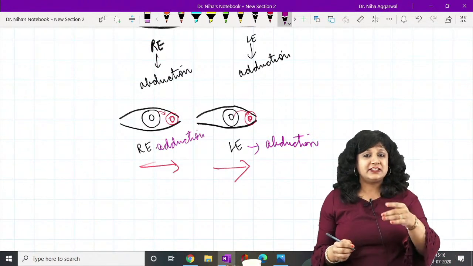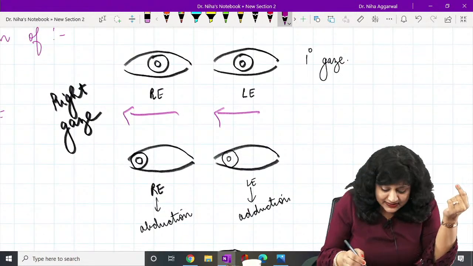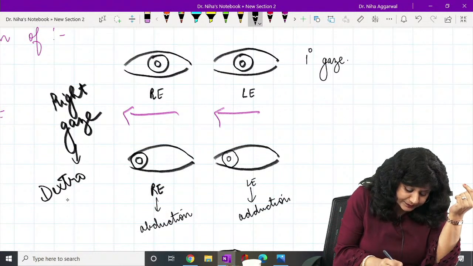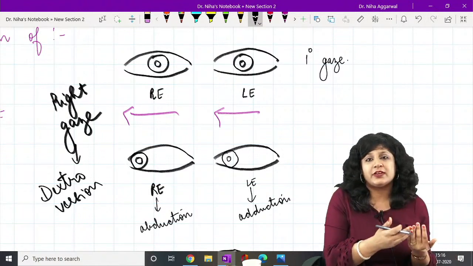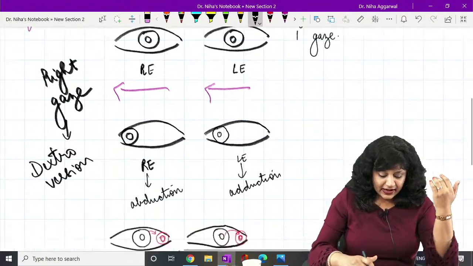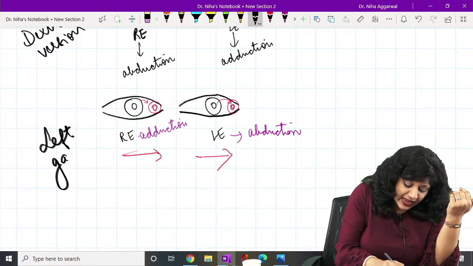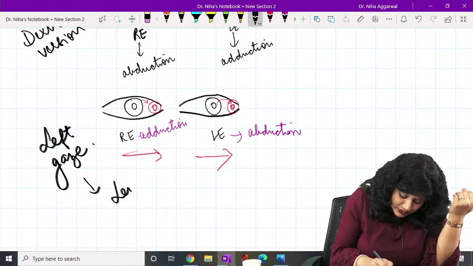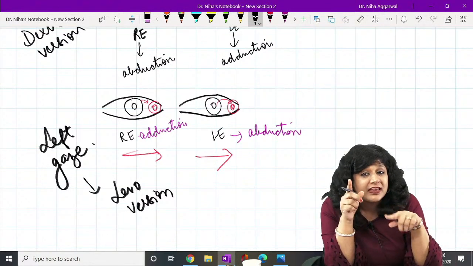In other words, when I am saying right gaze, it is actually dextroversion. Right gaze means dextroversion, both the eyes looking towards right. And when I am saying the left gaze, both the eyes looking towards left, that means I am talking about levoversion. Are you getting one thing now?